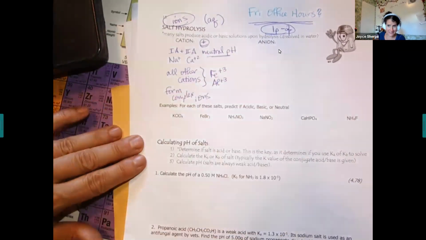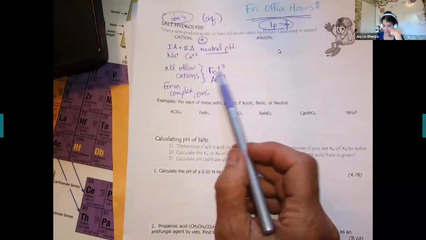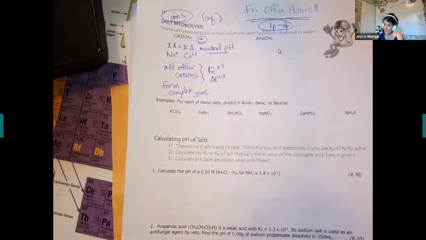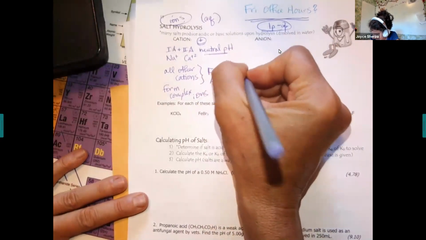If you look at the syllabus in 2 weeks, we have a whole lecture about complex ions. Complex ions are complex. They're more than just the iron. So what happens is the iron pulls hydroxide out of the water and you're left with the hydronium. And so that's why they act as acids.